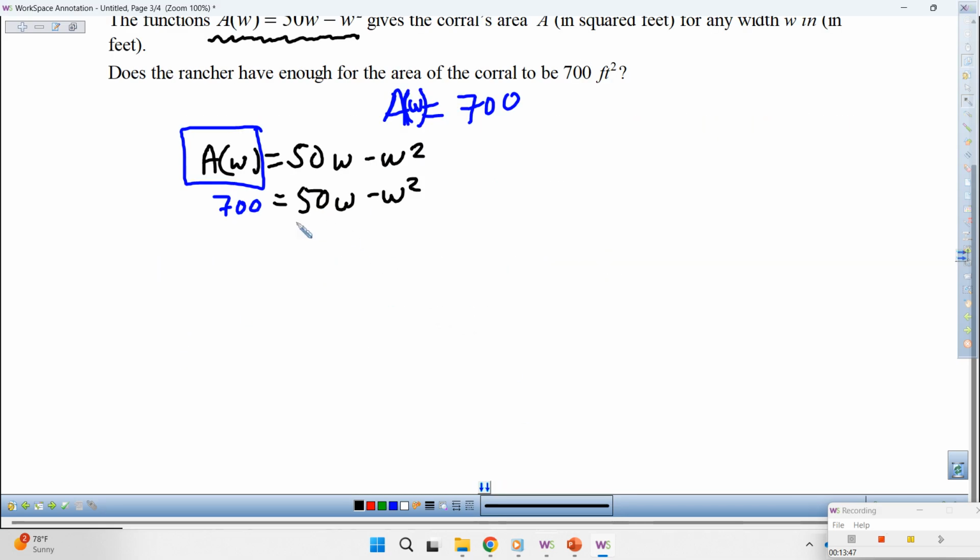Alright? So this is a quadratic equation. The only thing is it has W's instead of X's, right? So we need to get all terms to one side. I'm going to get rid of these right here to make this a positive squared. So I'm going to do minus 50W and plus W squared.